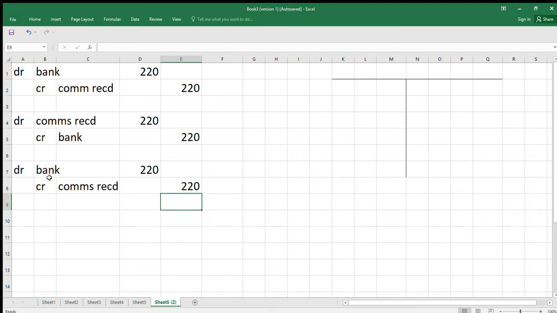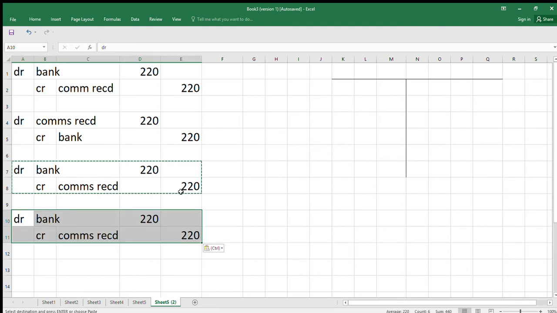That's our reversing journal. And then we're going to do it again for our correct journal. We're just going to have the same thing in again. Right, that is then task 8 done.